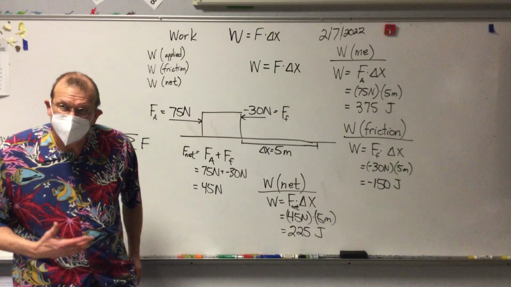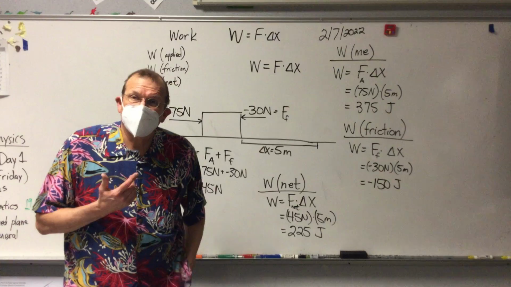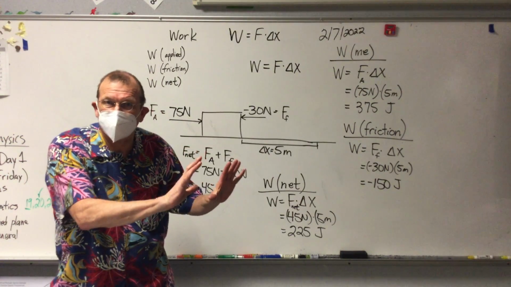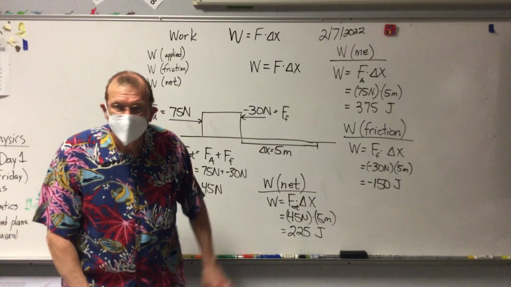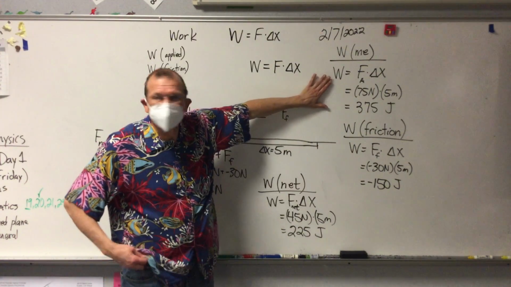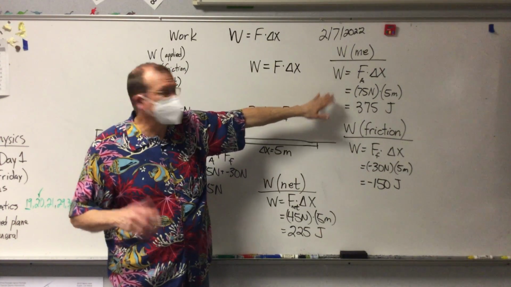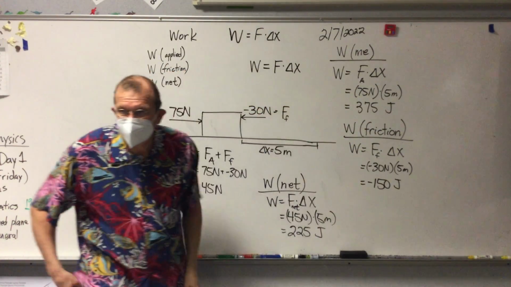Now, most of the time, if someone asks you, how much work did you do pushing that box across the floor? You would approach it from this perspective here, because you would say, look, I pushed with 75 newtons.